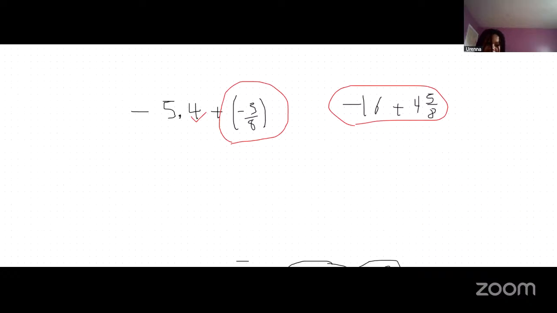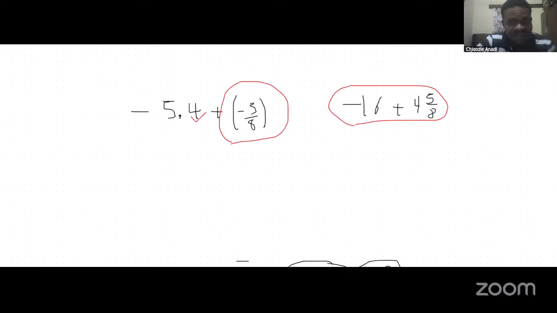Wait, that's not supposed to be negative, right? It's meant to be negative. Yeah, that's supposed to be negative. Check it out.